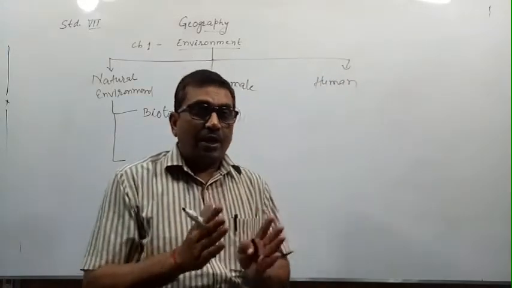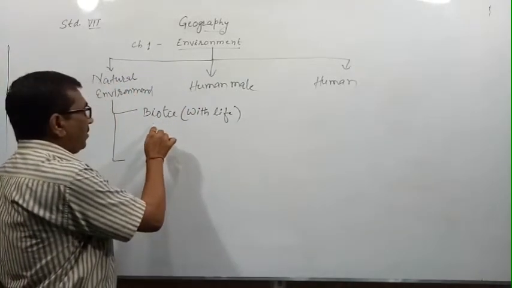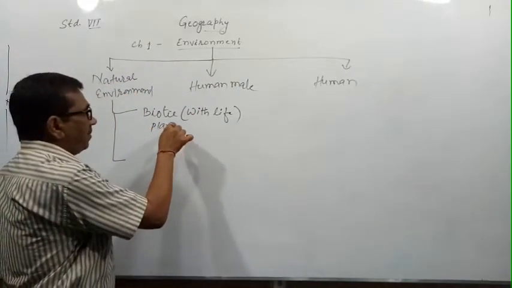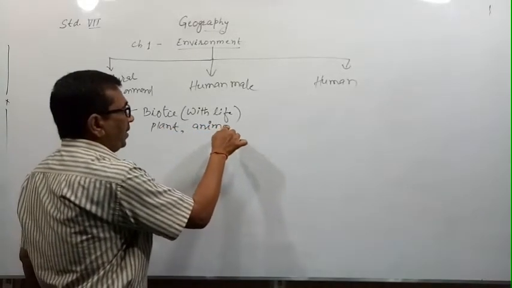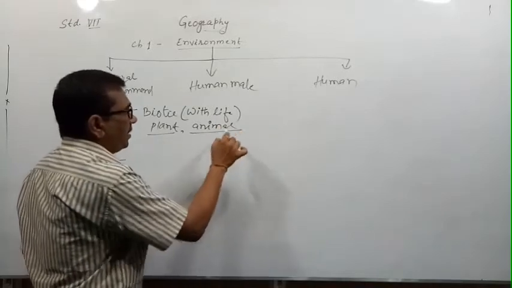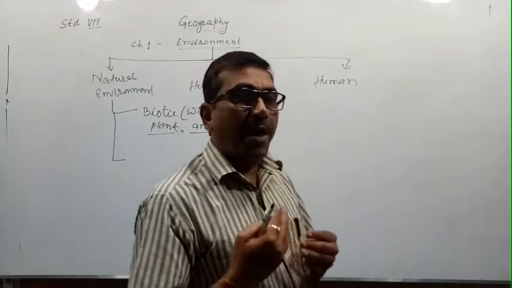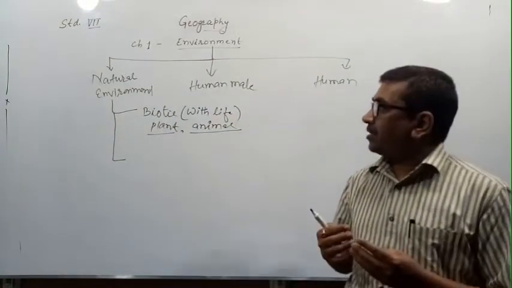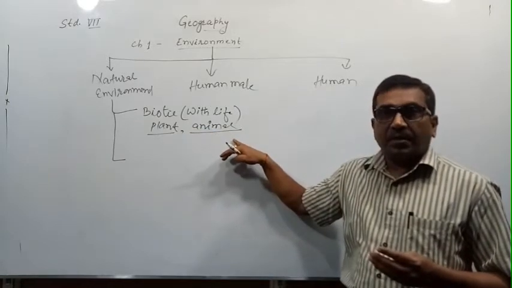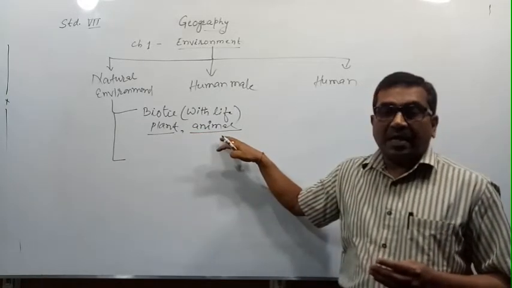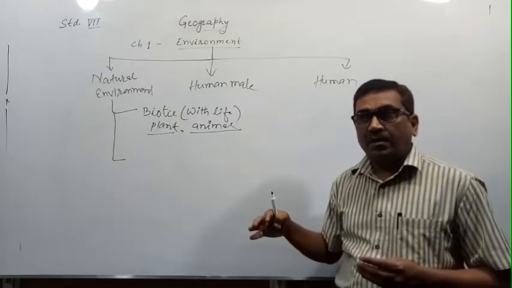Life may be in two groups: plant and animal. So the two categories of biotic environment are plant and animal. These two have life, and this life affects us.